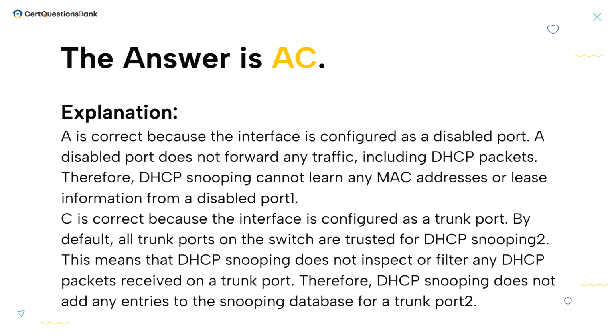By default, all trunk ports on the switch are trusted for DHCP snooping too. This means that DHCP snooping does not inspect or filter any DHCP packets received on a trunk port. Therefore, DHCP snooping does not add any entries to the snooping database for a trunk port.